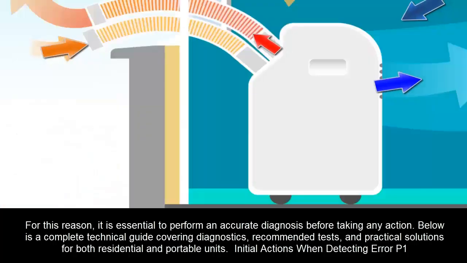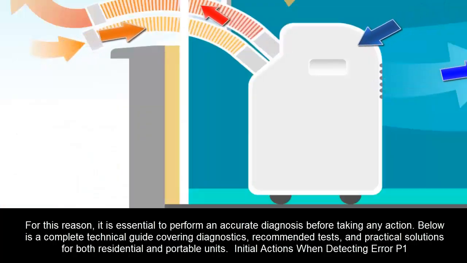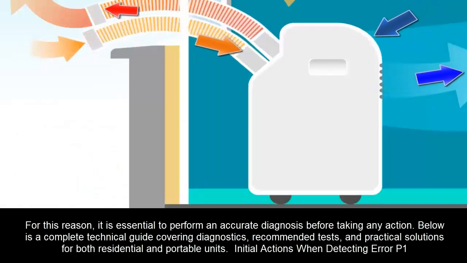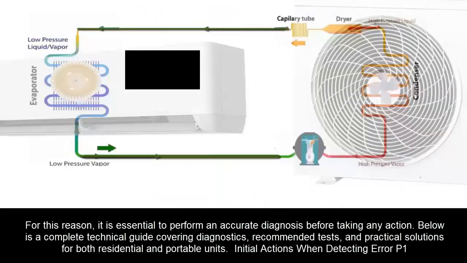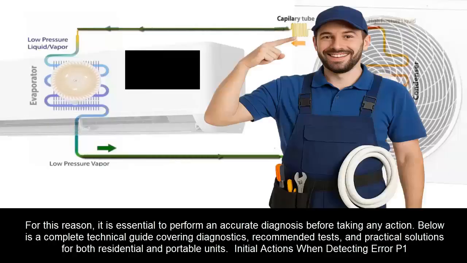For this reason, it is essential to perform an accurate diagnosis before taking any action. Below is a complete technical guide covering diagnostics, recommended tests, and practical solutions for both residential and portable units.